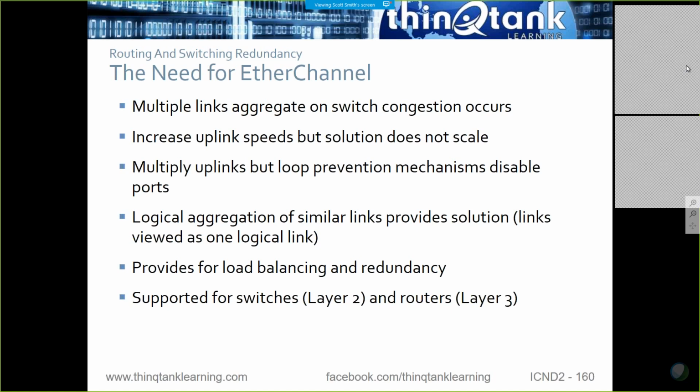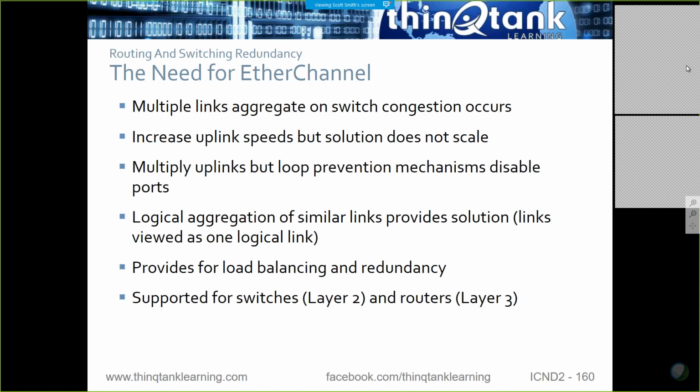Now, you could say, okay, if I'm running out of bandwidth between my switches, then convert the link from fast Ethernet to gigabit Ethernet. Yeah, that might work, but it doesn't provide you any redundancy. And there's a limitation to that, right? Because what if you need 5 gigs or 10 gigs to get between the locations? So in order to increase the link speed, we have to add more physical ports.